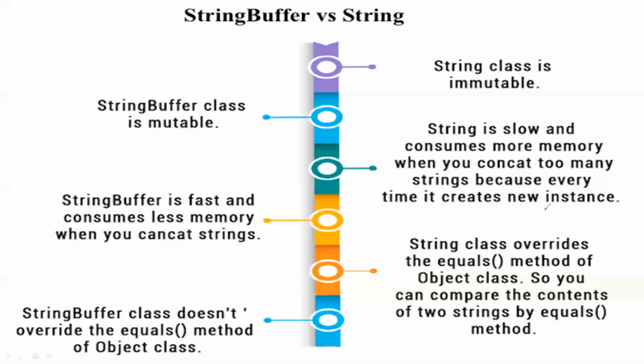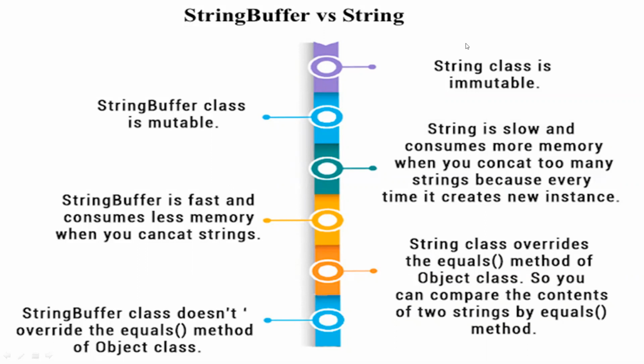That's why these strings are called immutable. They cannot accept the changes in the same memory location. Each time you make a change to the string, it is stored at a different memory location, so each time they need a separate instance and separate memory. Each time we create memory, it consumes some time. That's why string is slow and consumes more memory.